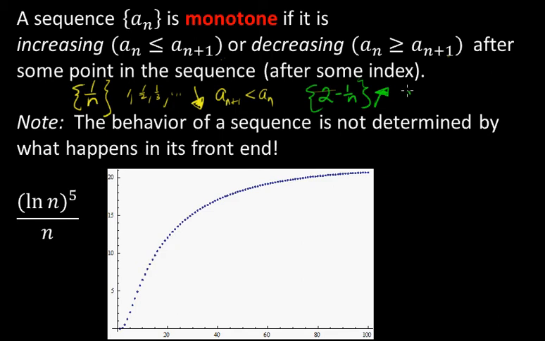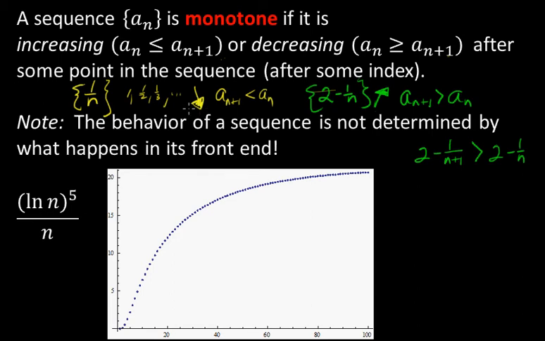In other words, a sub n plus 1 is bigger than a sub n. Or I could write 2 minus 1 over n plus 1 is bigger than 2 minus 1 over n. So we have a monotone increasing sequence, and 1 over n was a monotone decreasing sequence.